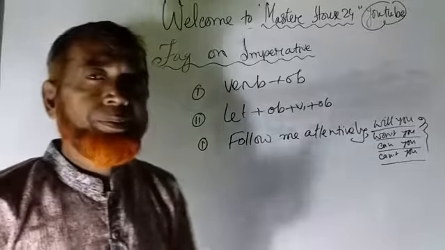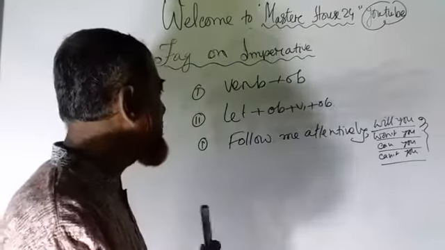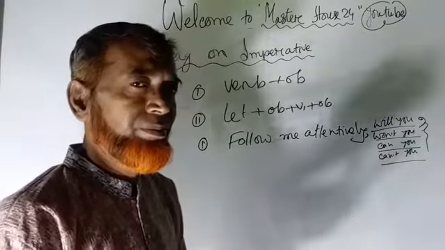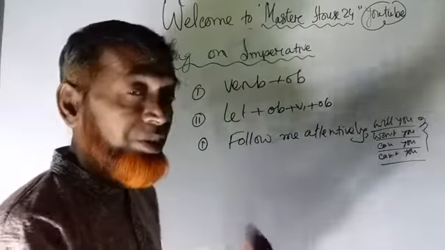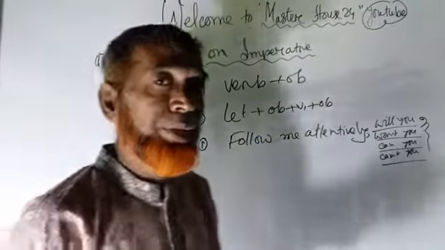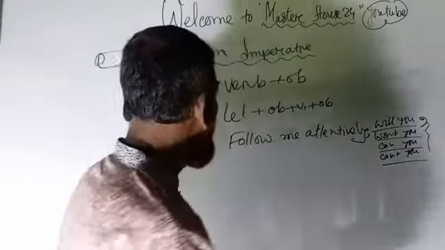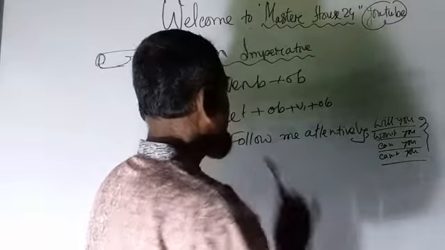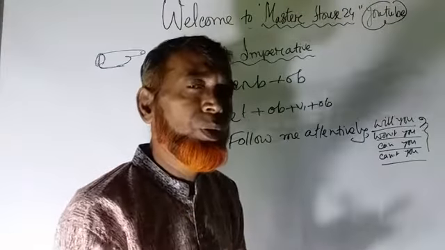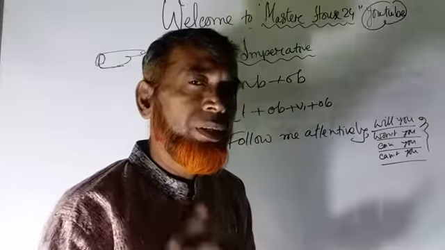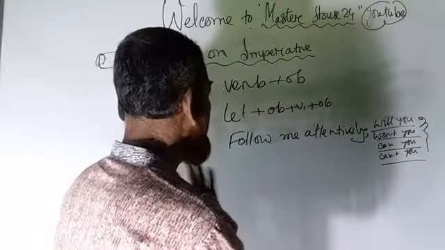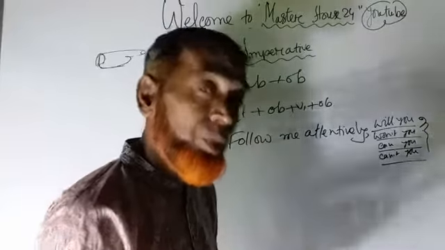Now look, if you follow the rules of it, you can understand easily. If you see, my dear participant, follow me attentively. Such type of sentence, if you follow, you can easily try to understand. This sentence starts with a verb. Okay?